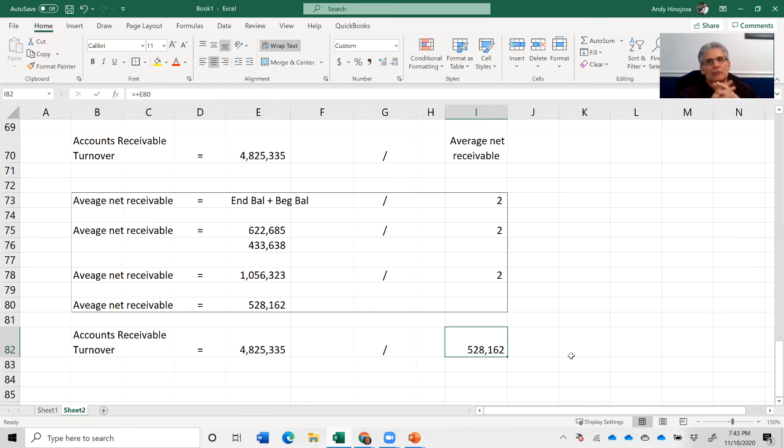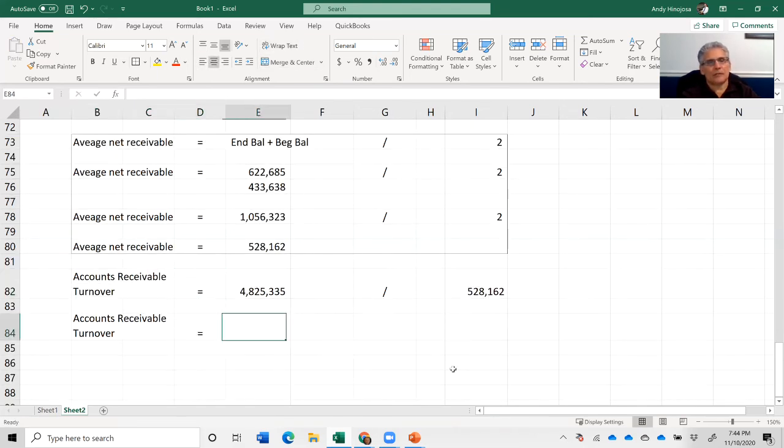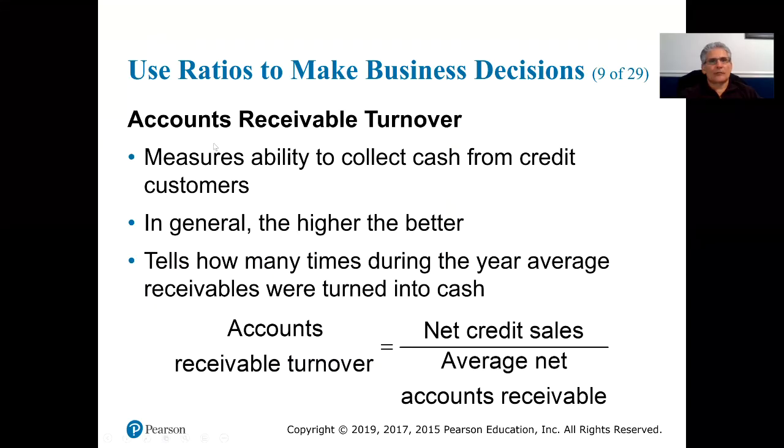So the average net receivables is 528,162. Now we have our accounts receivable turnover, and that's going to be equal to 4,825,335 divided by 528,162, to the nearest hundredth, 9.14. So on average, we are collecting our balance from receivables 9.14 times per year. So we've computed the accounts receivable turnover using this formula.